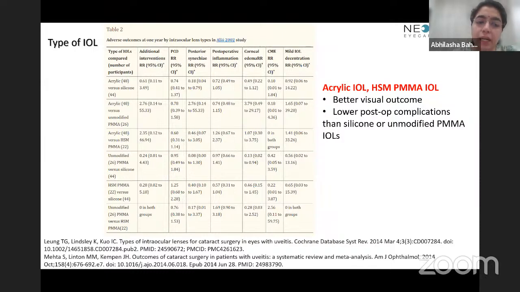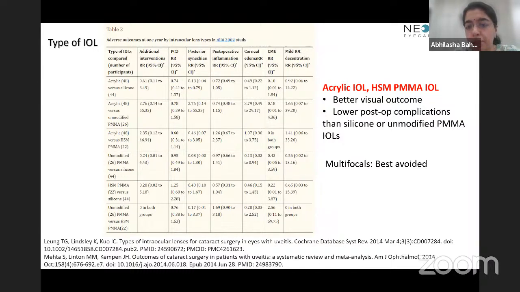Here I'd like to add that hydrophilic acrylic IOLs have been proven to be more compatible with uveitic eyes compared to hydrophobic acrylic IOLs. However, hydrophobic IOLs are preferred because they lead to less incidence of posterior capsular opacification.